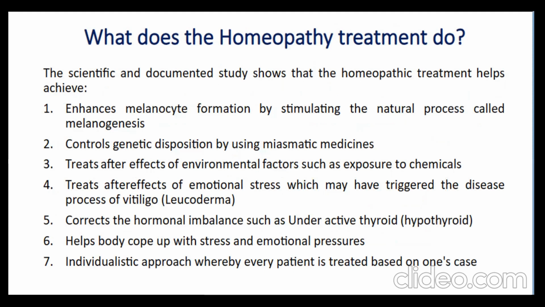The scientific and documented study shows that homeopathic treatment helps to achieve the following. It enhances melanocyte formation by stimulating the natural process called melanogenesis. So our medicine can stimulate the natural process of formation of melanocytes, that is melanogenesis.